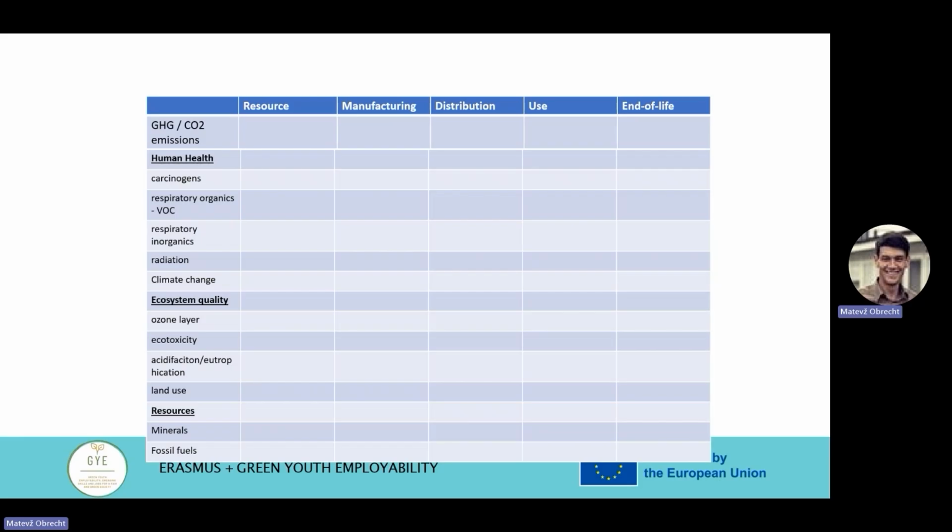But as we talk only about the carbon footprint, we are covering only this part. So carbon footprint is great for initial insight on the emissions, on environmental impacts.